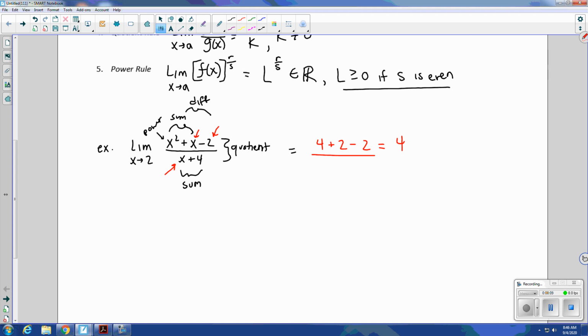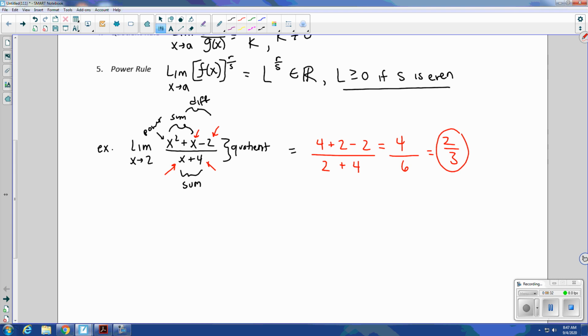In this problem, that is 2. So we'll just put a 2. And then we have this piece 4 here. That's a constant function. So the limit of a constant function is just the value of whatever the constant is. So we'll have 2 plus 4. And we have a sum on the bottom. So again, the limit of a sum is equal to the sum of the limits. So we'll have 6. We can clean up this ratio. So the limit is 2/3.